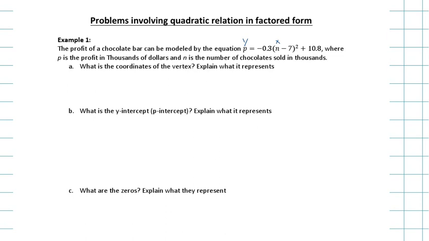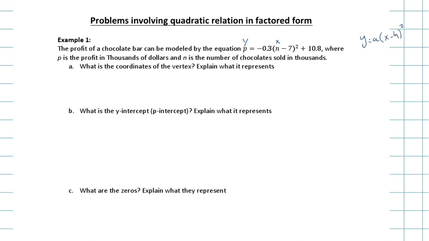Now, the question is, what are the coordinates of the vertex, and explain what it represents. First, I'm going to ask you, what form is it in? It's in vertex form. And how did you know that? Because we can see the vertex. It's the same format as y equals a(x minus h) squared plus k.